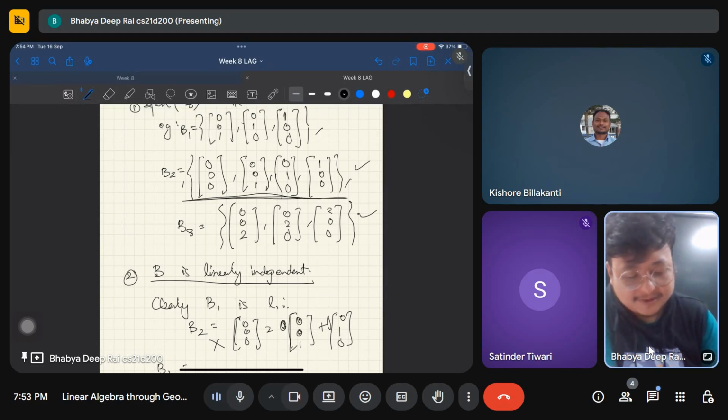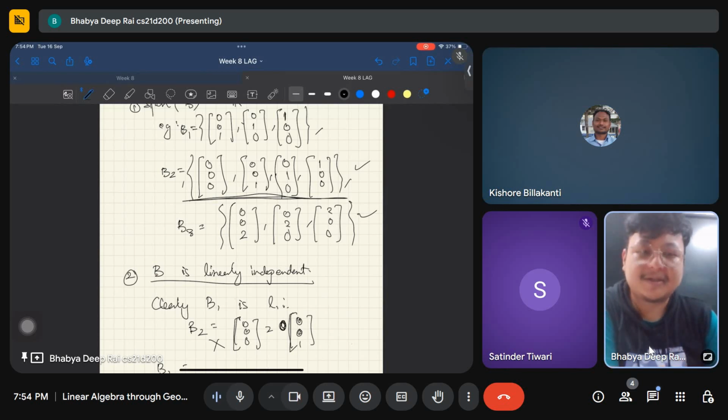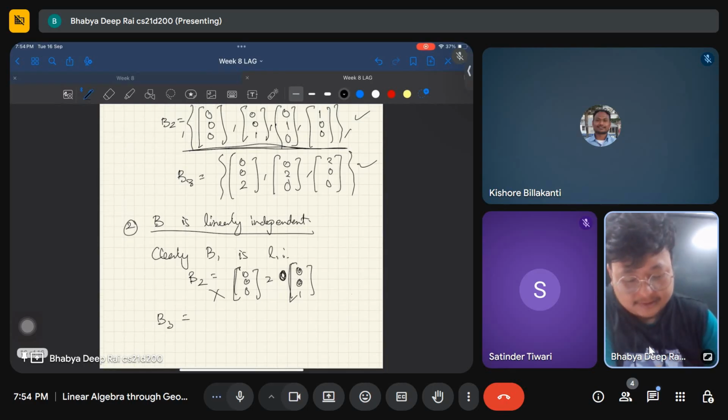Actually, the second one is not even required. 0 times the vector. Scalar multiplication is also allowed. Even scalar multiplication is a type of linear combination. It's not that I need to only add. So this is an example of a non-linearly independent set.